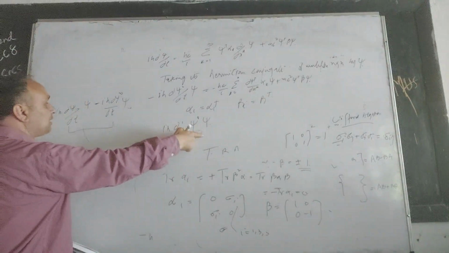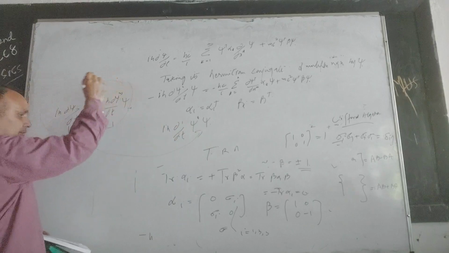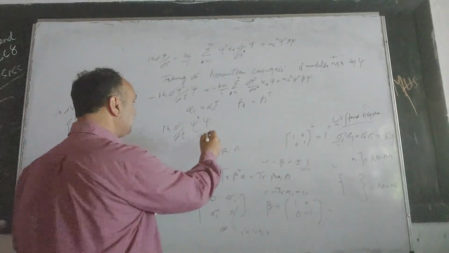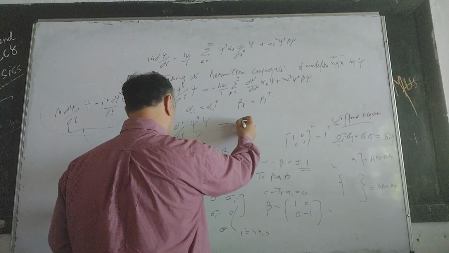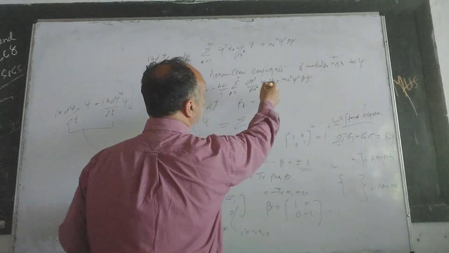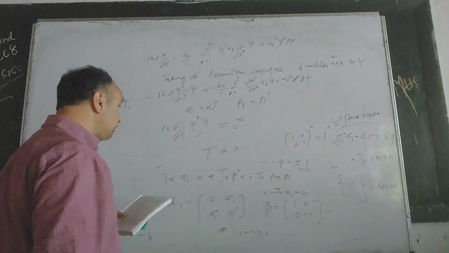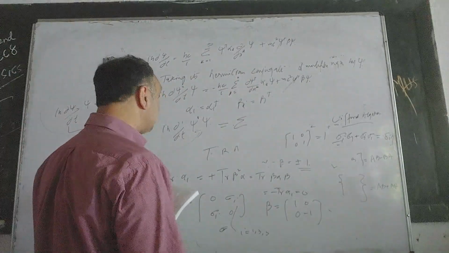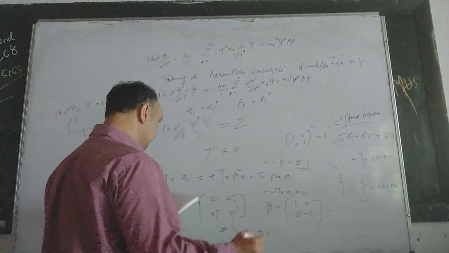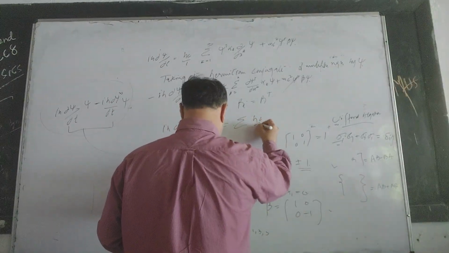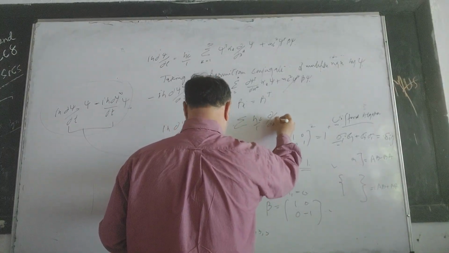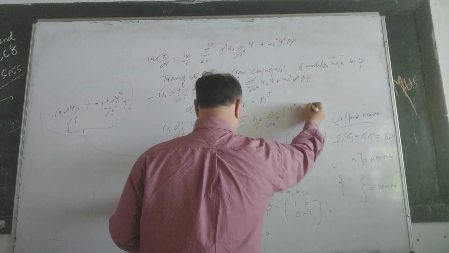Can we write this psi star psi as this? And the right hand side, you subtract this with this. It will be minus, minus plus, plus: hc by iota d by dx k psi dagger alpha psi.